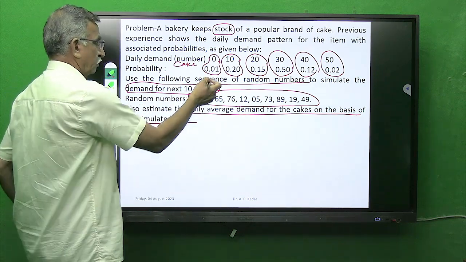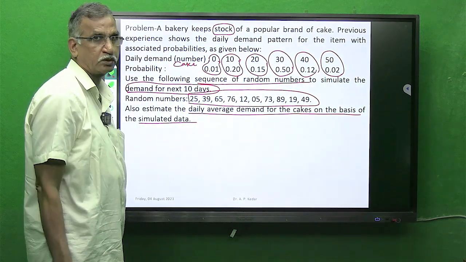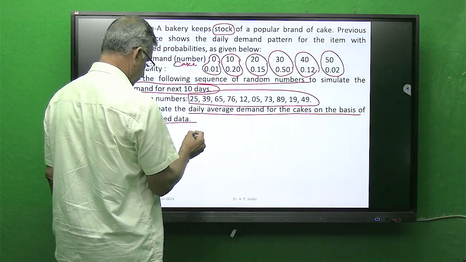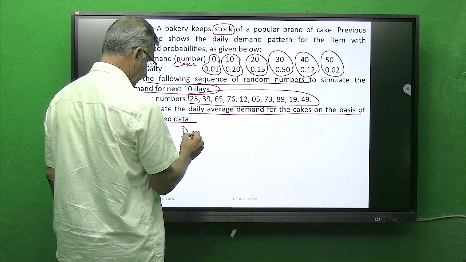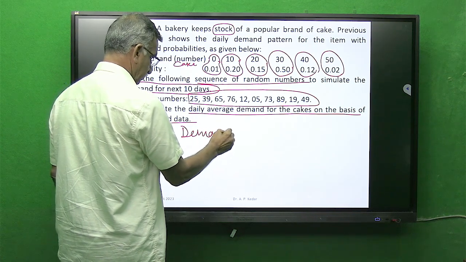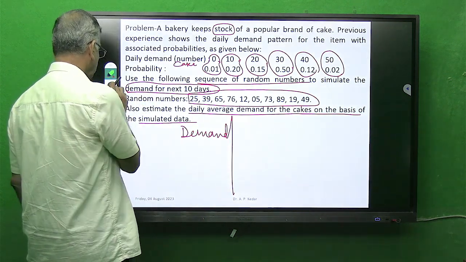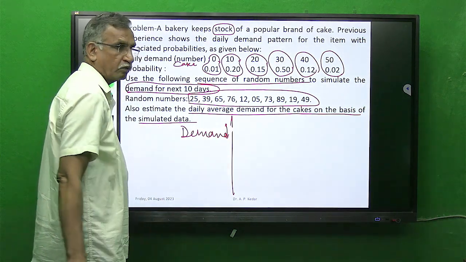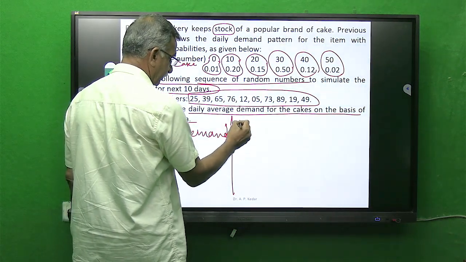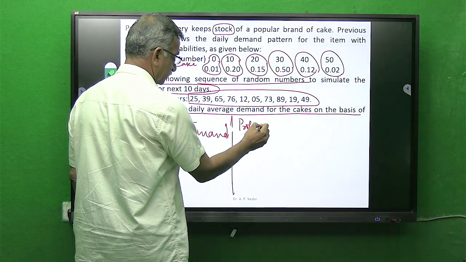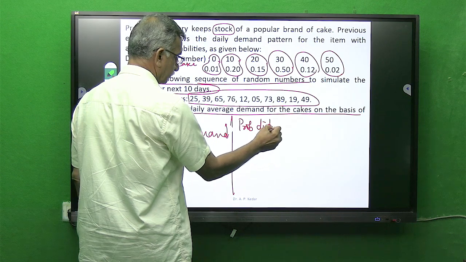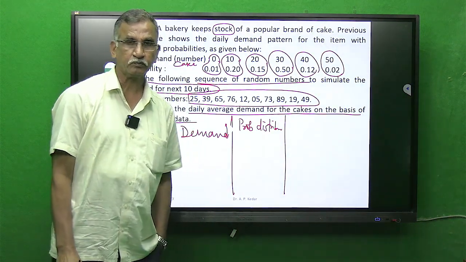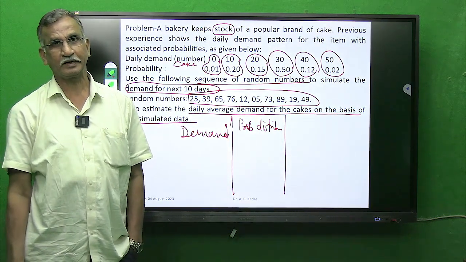Now the distribution is given. Again, what we have to go for is demand. As I have said, as per the given logic and constraints, your tabular form will vary. So the second column will be probability distribution. Guess the next.